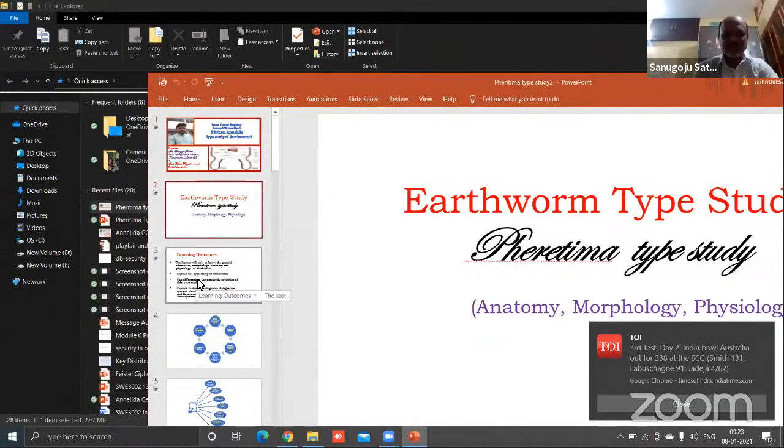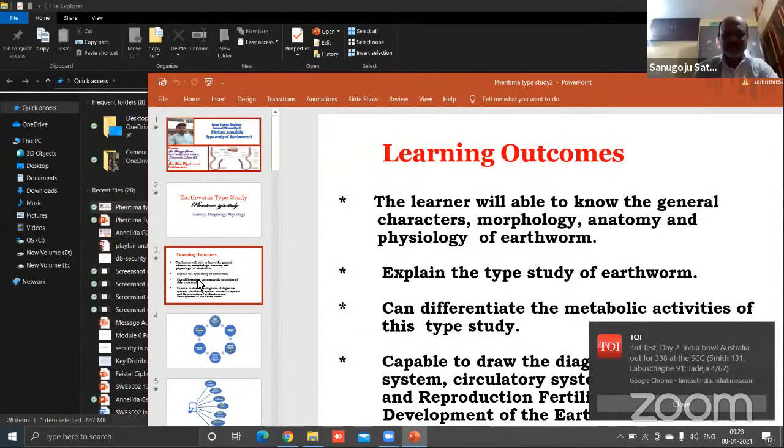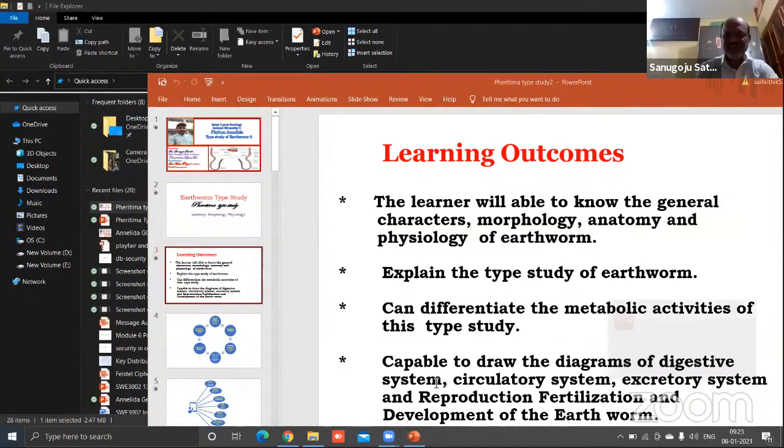After completing the lesson, you may be able to understand the comparative account of all the invertebrates. Actually, about the Pheretima, you can differentiate between all the metabolic activities of the earthworm.